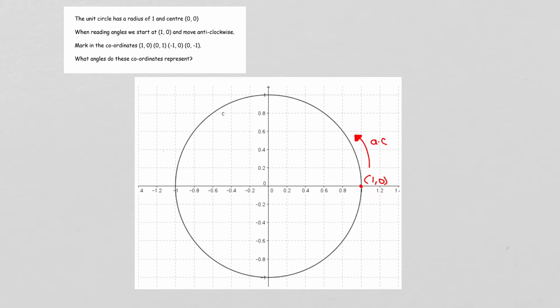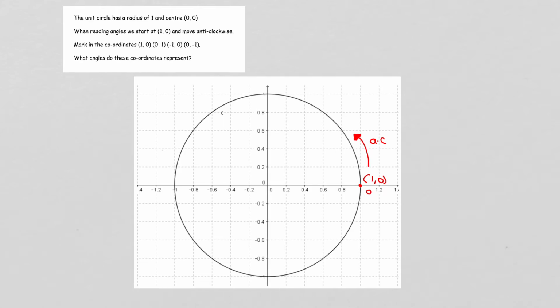Then this coordinate here, 1, 0, is going to represent 0 degrees, because I haven't actually traced out any angle yet with respect to the x-axis.